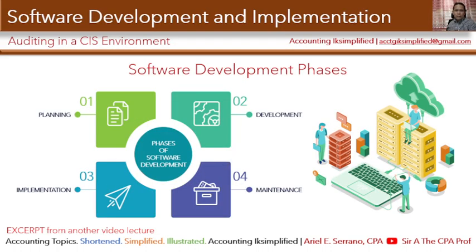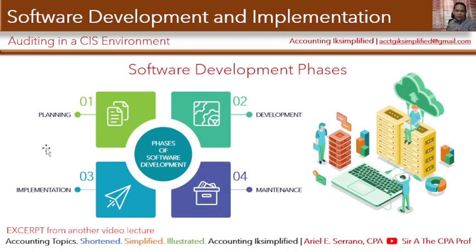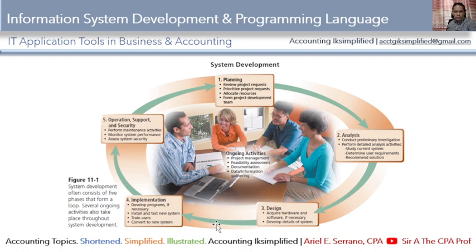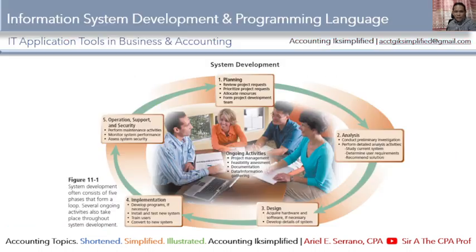Basically, etong development is etong part na ito, yung design. And wala dito yung analysis, but it may form part in this planning phase. Yung maintenance, nandito po yan sa... sorry, nasaan na tayo? Yung number 3, implementation, the same, meron tayo, pero it is number 4.